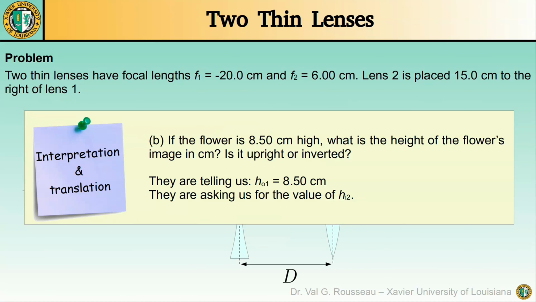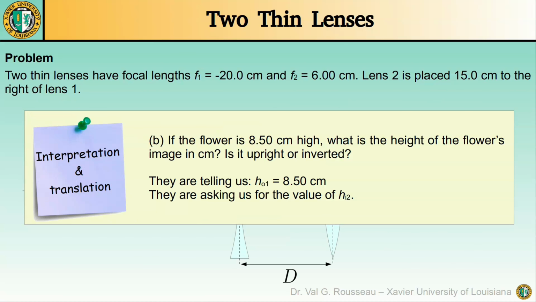Now, let us read carefully question B. If the flower is 8.5 centimeters tall, what is the height of the flower's image in centimeters? Is it upright or inverted? The question is literally telling us that the object's height is 8.5 centimeters and asking for the final image's height.